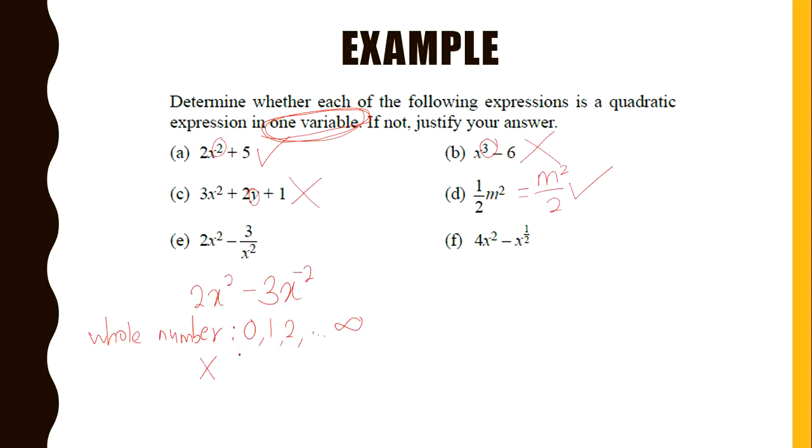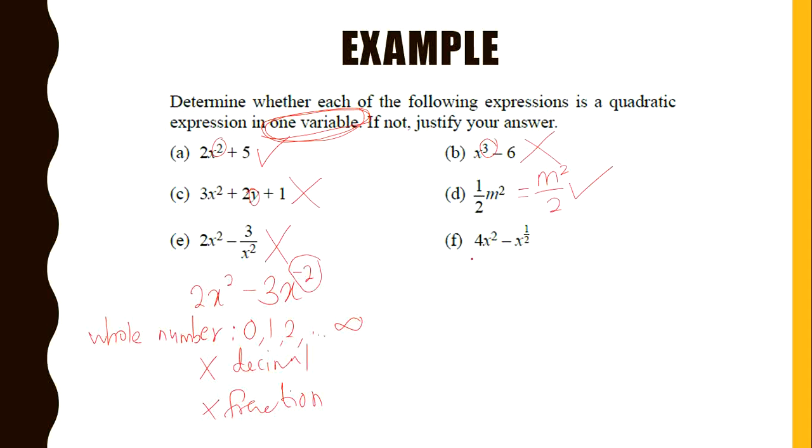Tak ada decimal, tak ada fraction. Okay, it must be a whole number. Dia punya power must be a whole number. So kalau yang ni, walaupun dia punya highest power is 2 dah, tapi dia punya power untuk variable x yang sini ni is negative 2, which is not a whole number. So dia bukan quadratic expression.